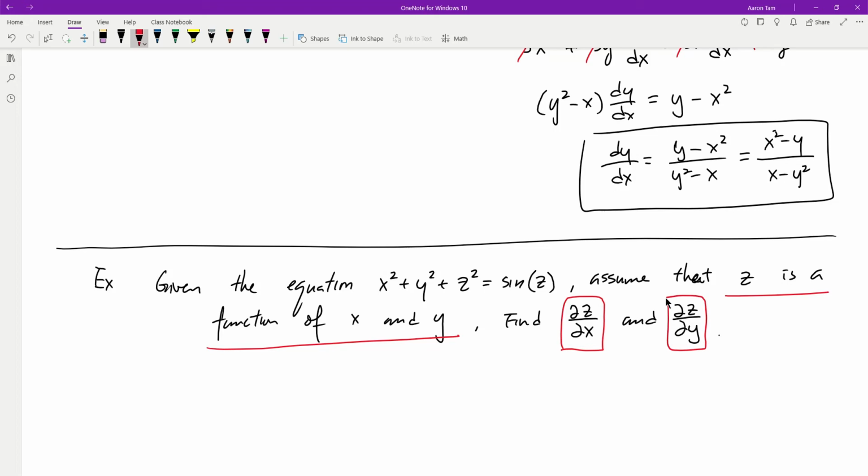Because these two partial derivatives specifically identify z on the top, that means z is our dependent variable, and x and y are both our independent variables. So that's probably the first thing you want to make a note of. In this scenario, z is the dependent variable, and x and y are the independent variables.